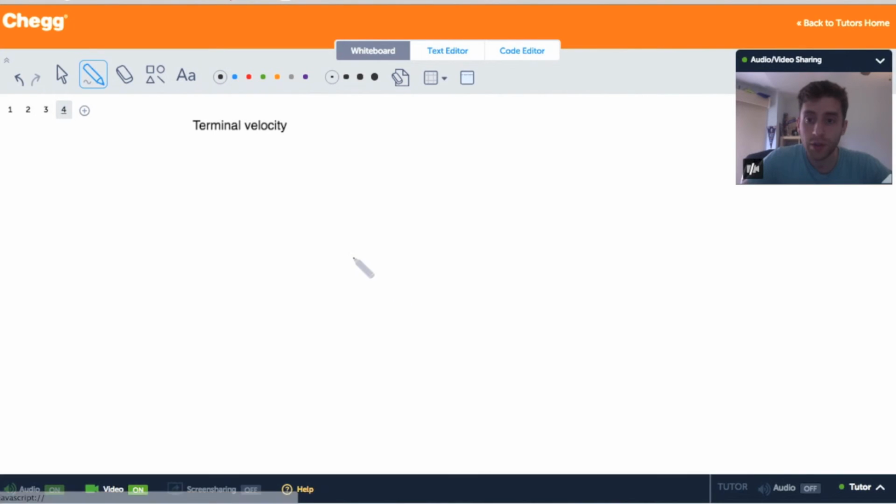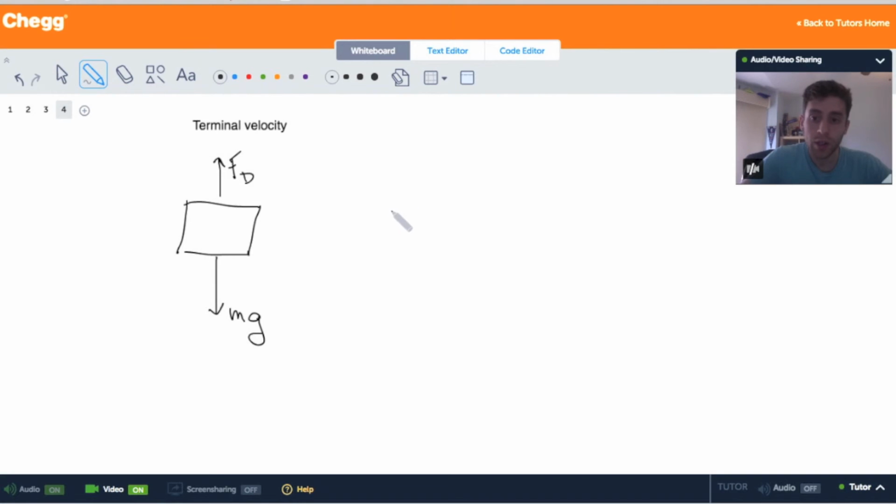So let's draw a free body diagram for a square. It's falling with a force of mg, and it has this drag force going upwards. At terminal velocity, these two forces are balanced, and the velocity stays constant. There's no more acceleration because our net force is equal to 0.